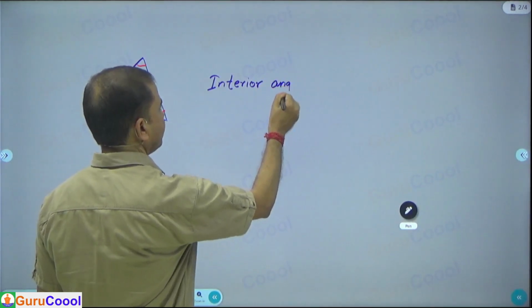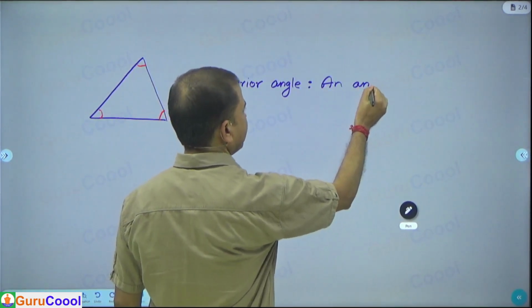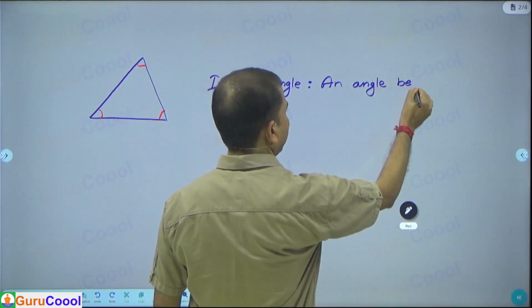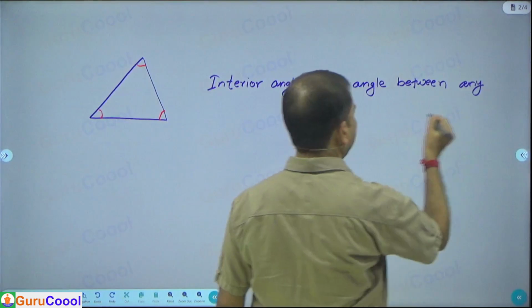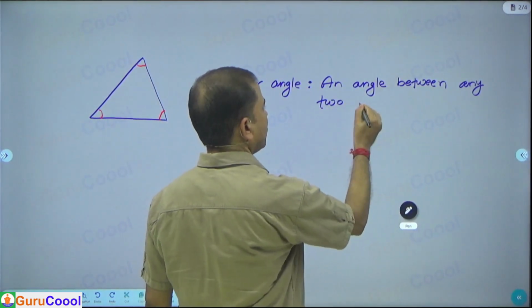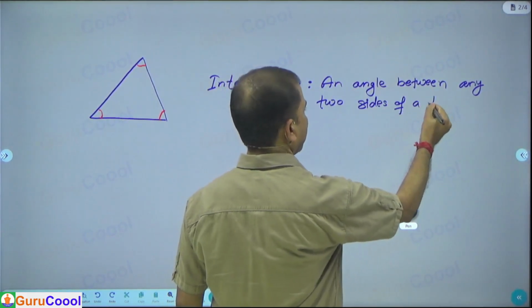Interior angle, an angle between any two sides of a triangle.